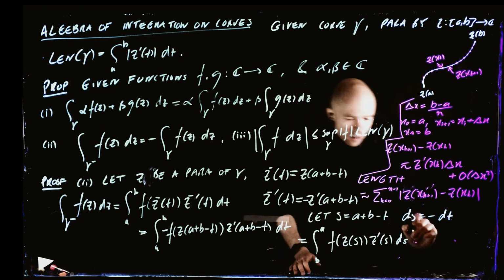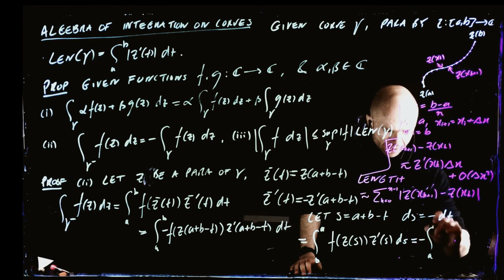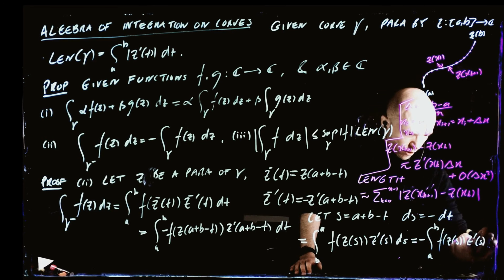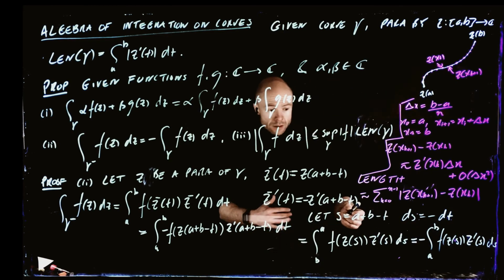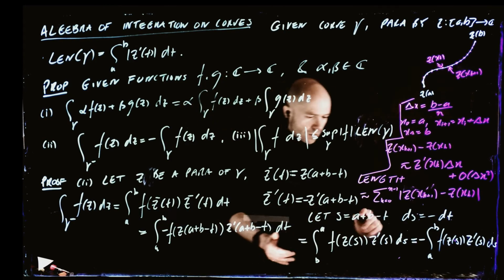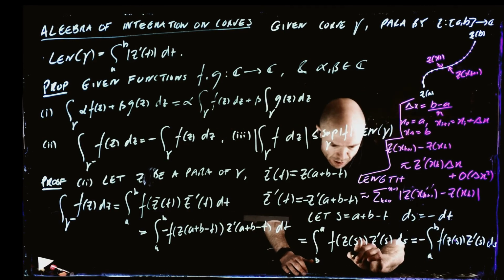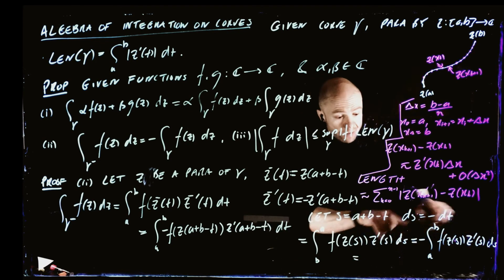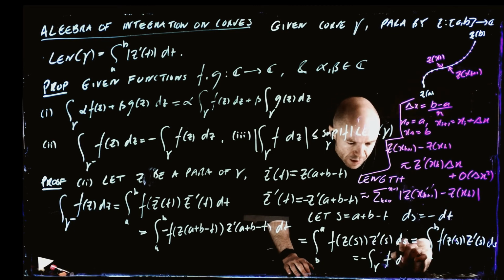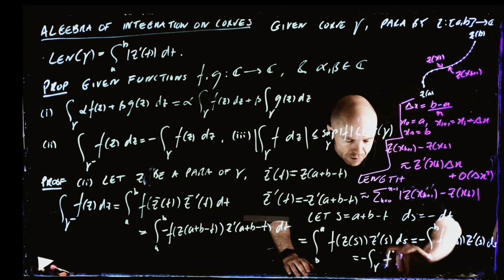A is the smaller number. So then this is minus the integral from a to b of f of z of s, z prime of s ds. You might have difficulty seeing this at the edge, but I guess you know what I'm writing, which is exactly saying what we want. Now I'm just going to write this thing as minus the integral over gamma of f dz, because that's what we have.